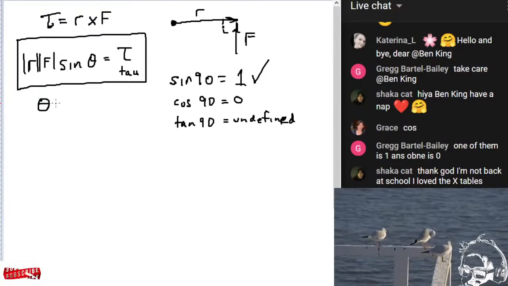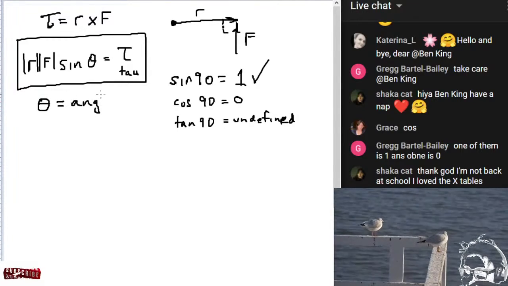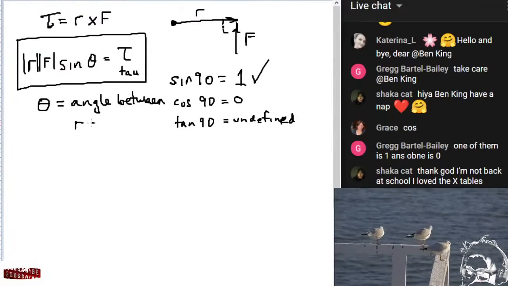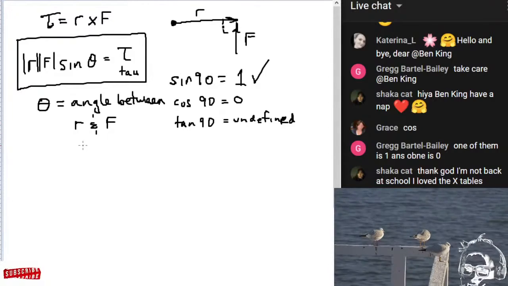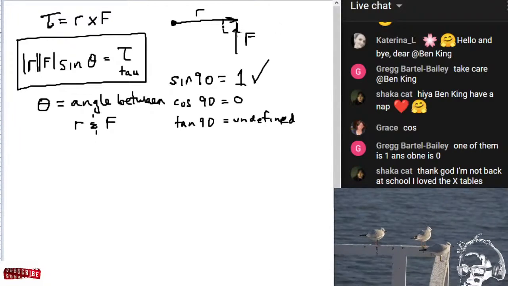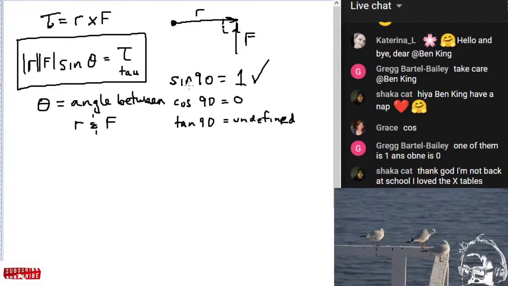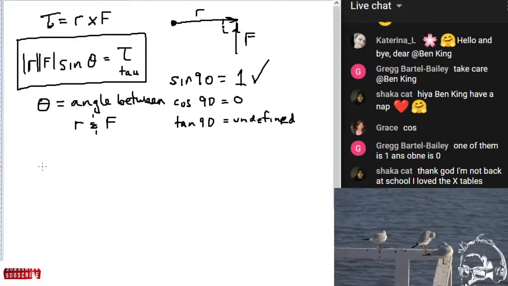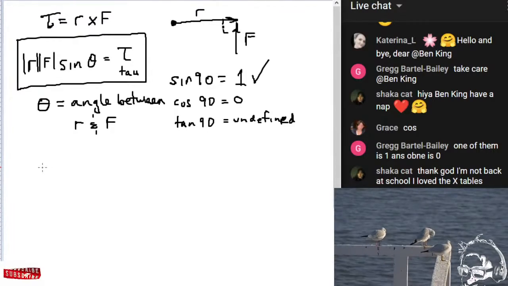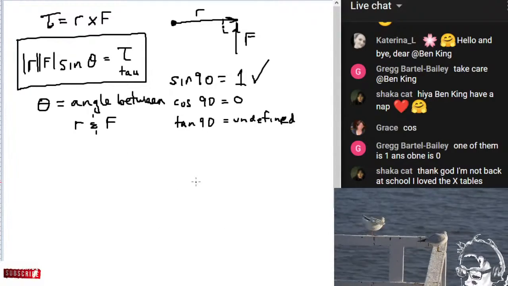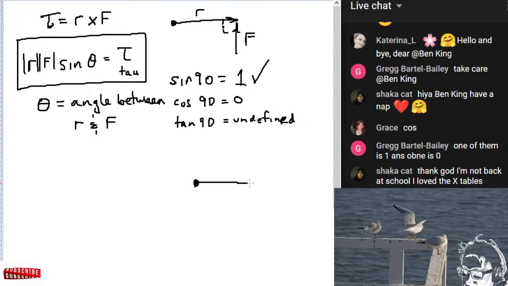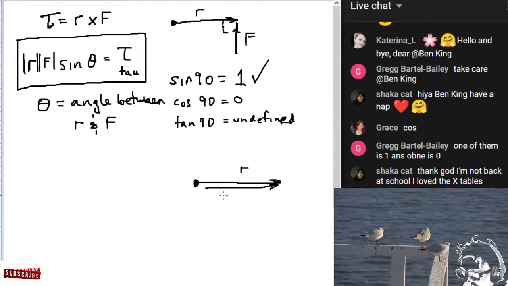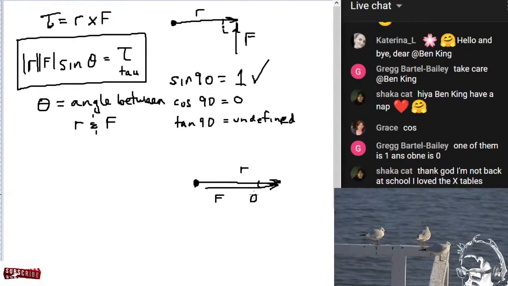Theta is the angle between R and F. So let's say that we had a situation where here we have a pivot point, here's R, and here is F. And the angle between them is 0.